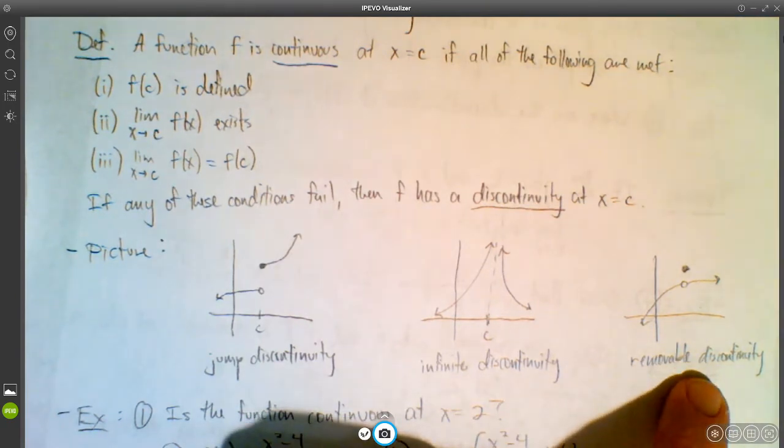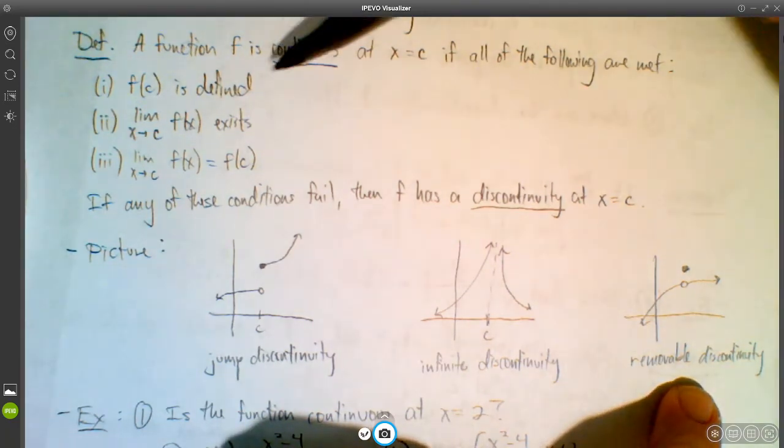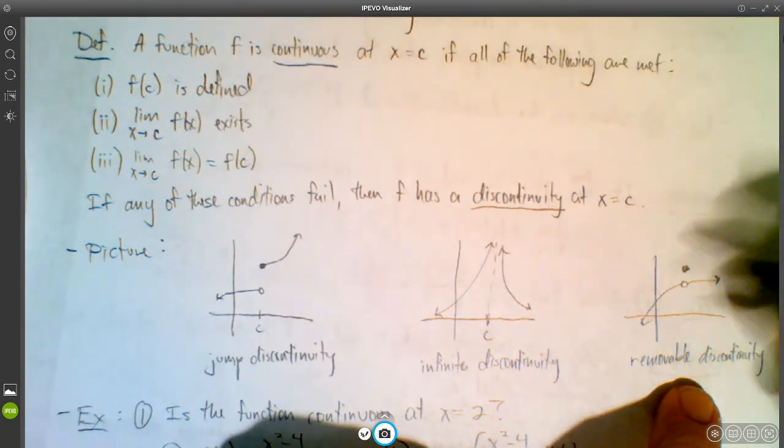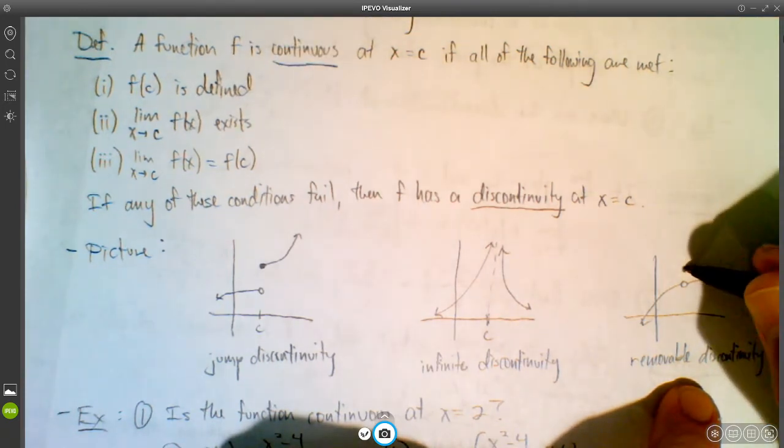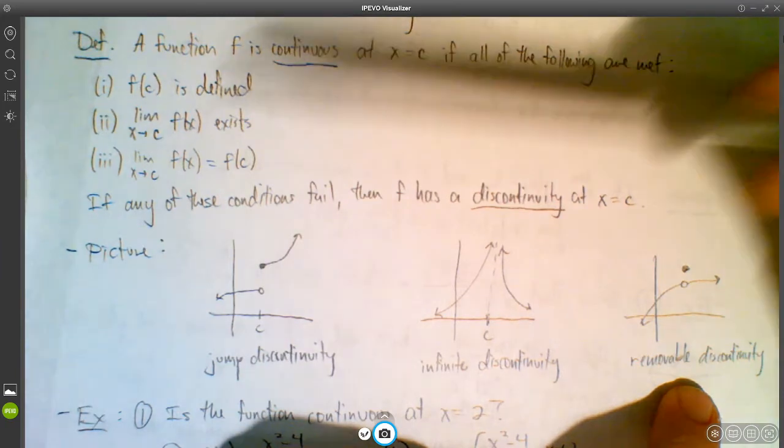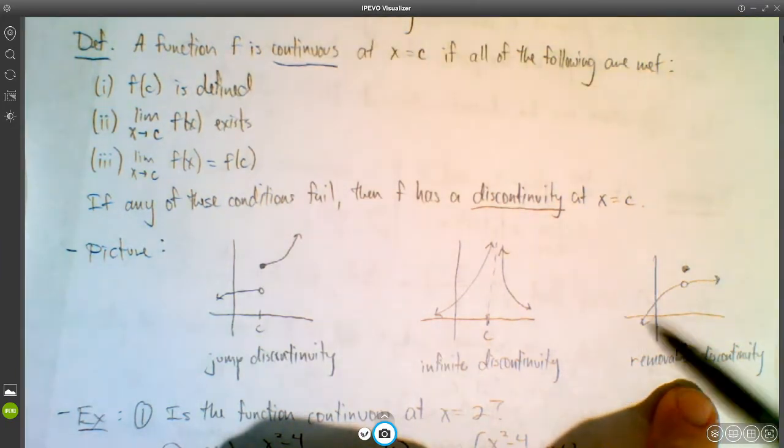And then this third type is called a removable discontinuity. And you might have a homework problem or two that kind of explains why that's called a removable discontinuity. But let's see what fails here, right? So in this case, f of c is defined, right? F of c is whatever that value is right there. The limit as x approaches c also exists, right?